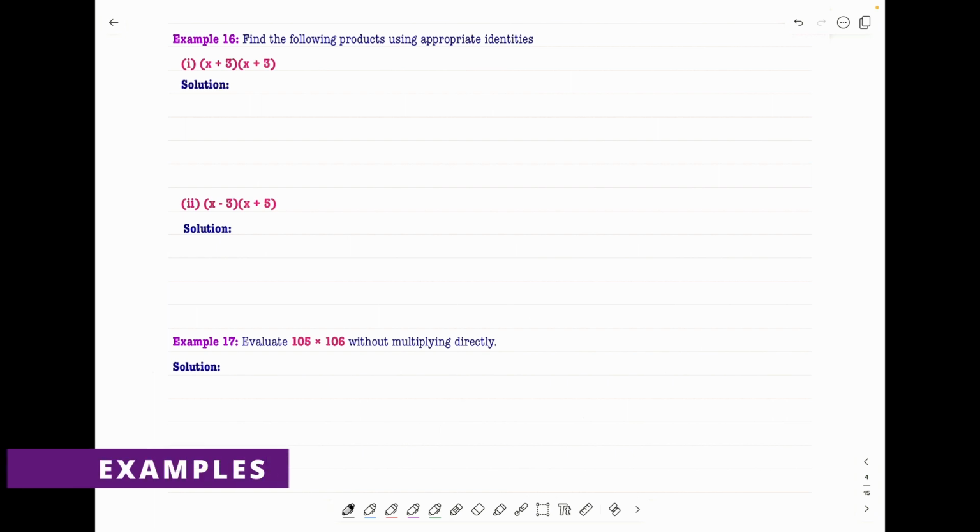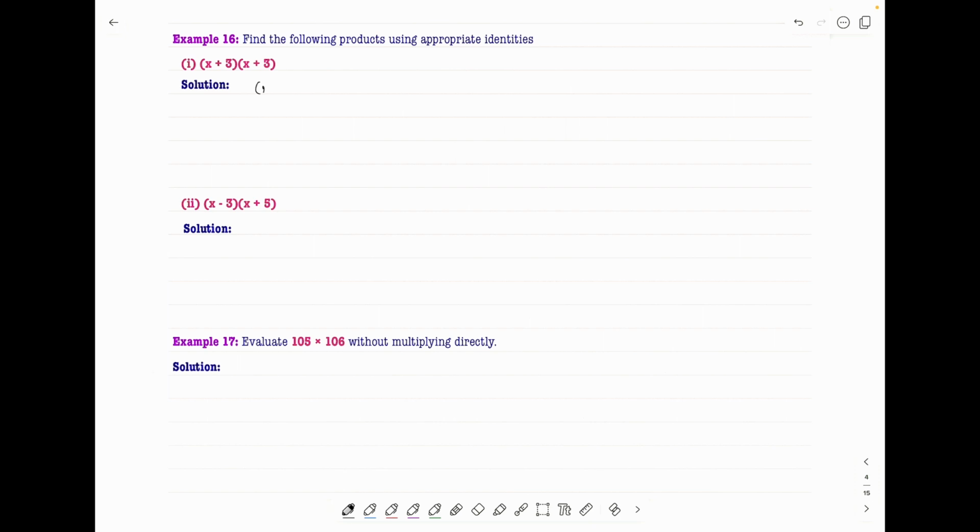The first question is x plus 3 into x plus 3. You should not multiply it directly. You have to use an identity. x plus 3 into x plus 3 can be written as x plus 3 whole square. Using identity 1, the first identity that we learned, we know that x plus y whole square gives x square plus 2xy plus y square.